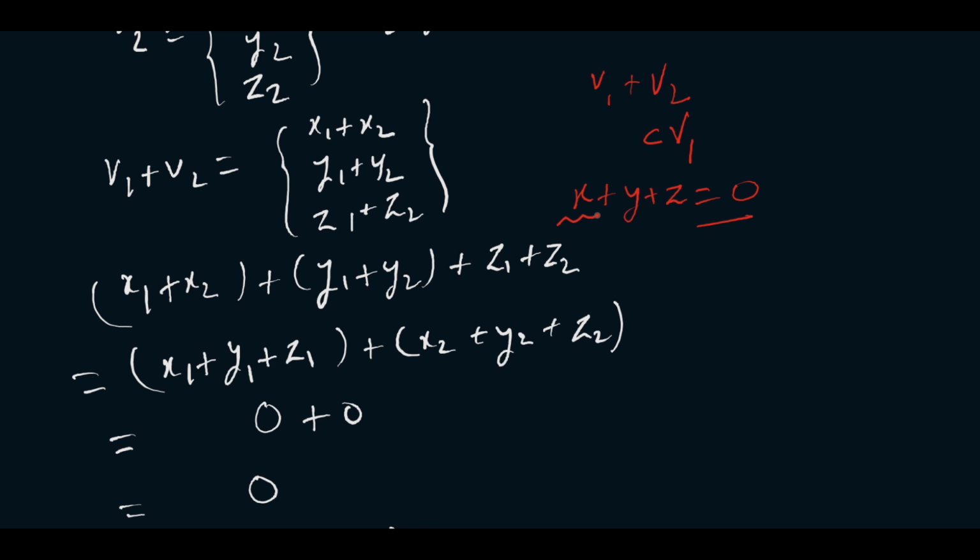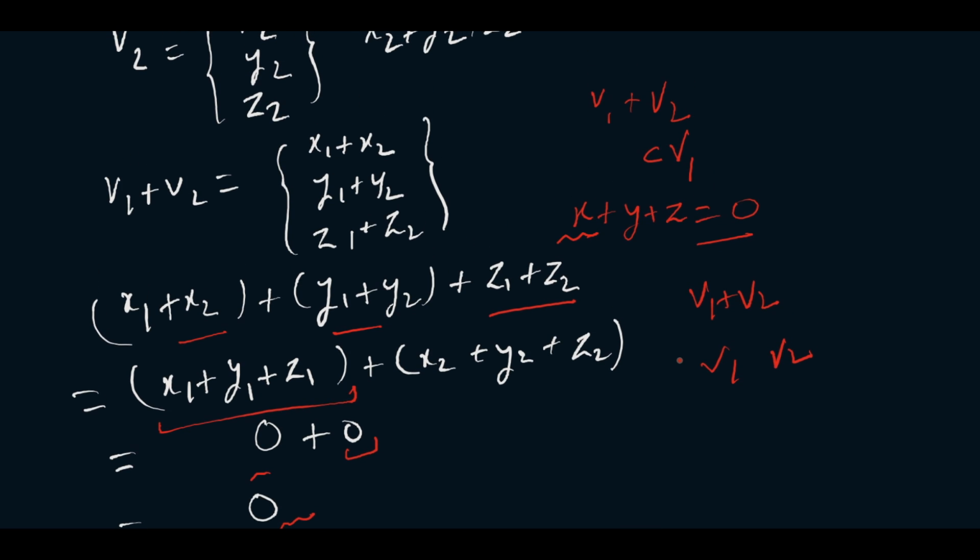So the sum will be x1 plus y1 plus z1, which gives us 0, and similarly x2 plus y2 plus z2 will also give us 0. So the answer will be 0. So the vector v1 plus v2 is also in the same plane as that of v1 and v2.